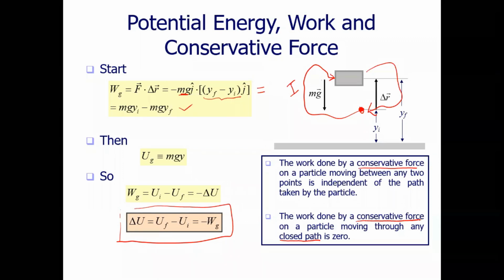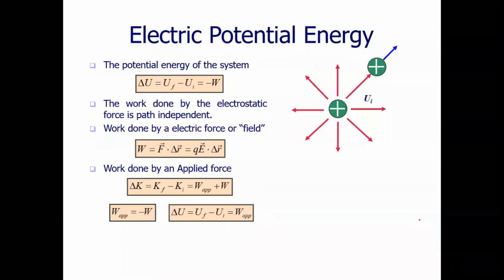Now, what has this got to do with the electric fields that we are talking about? From the previous slide, we have said that the change in the potential is equal to the minus work that is done.